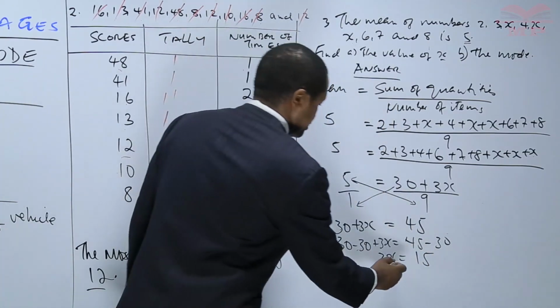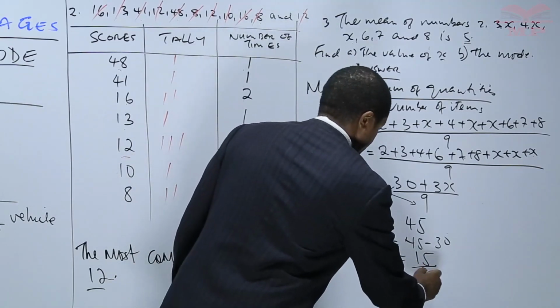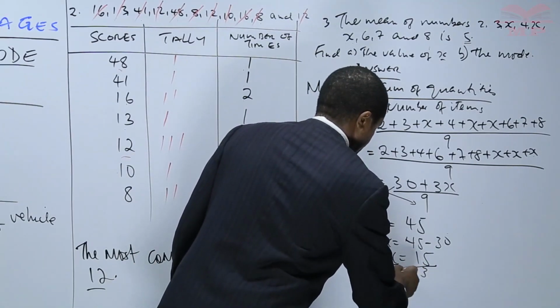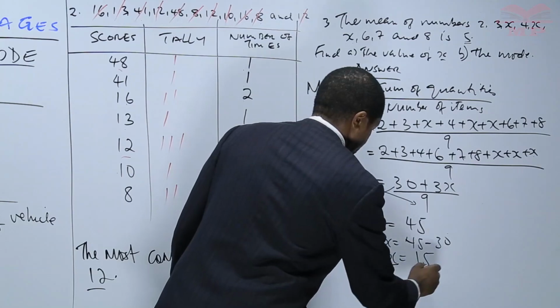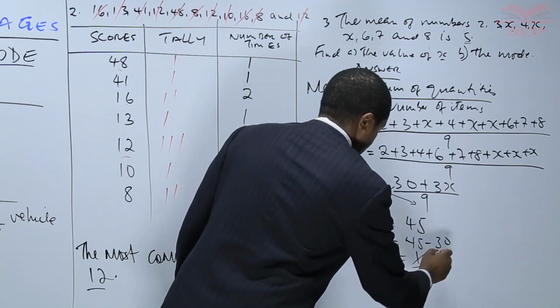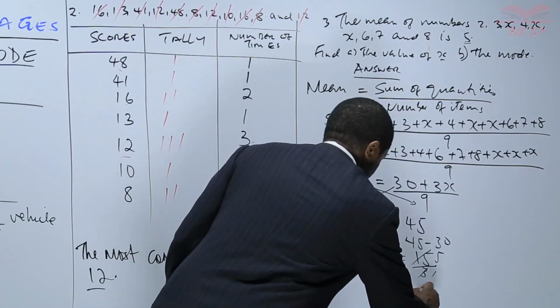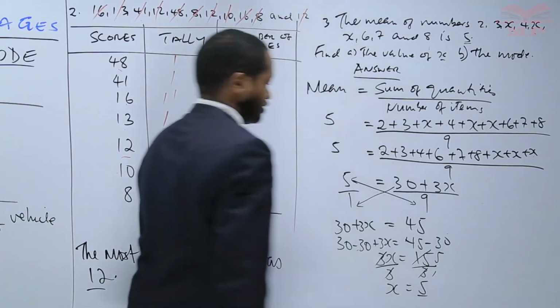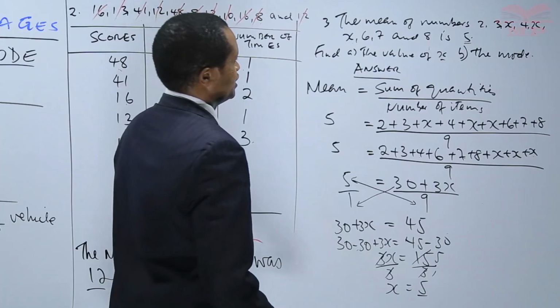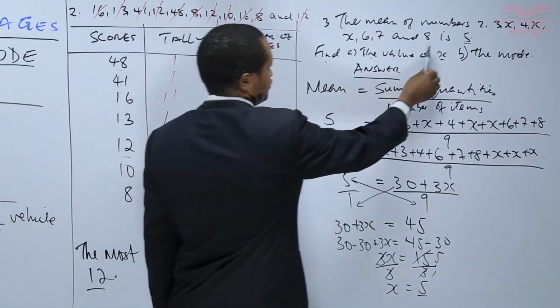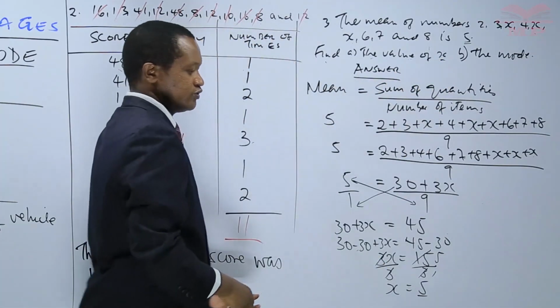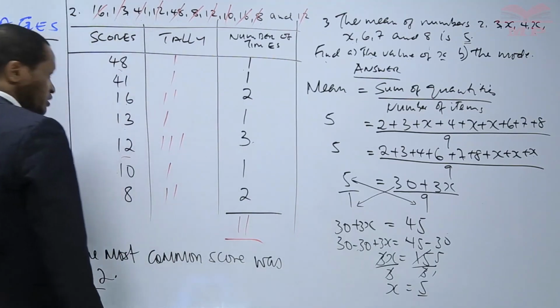So we divide by 3 on both sides. 3 cancels out with this 3. 3 goes here once, 3 goes into 15 five times. So x will be equal to 5. So the value of x is 5.